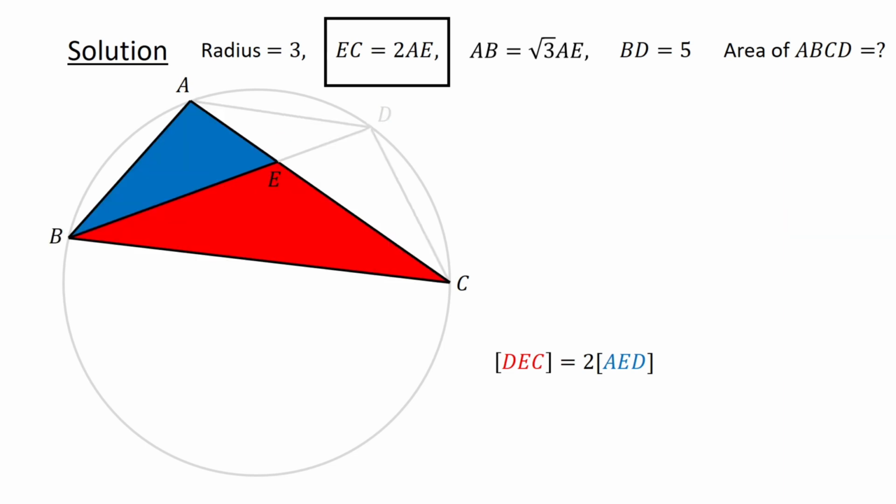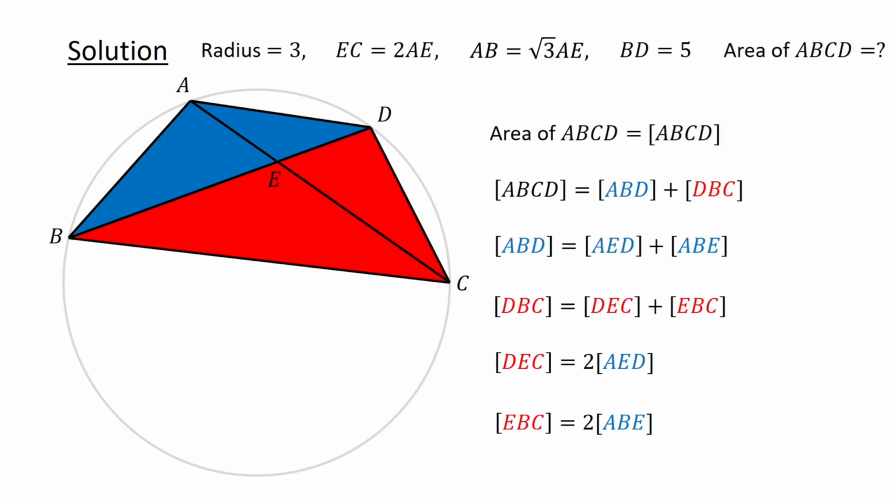Therefore, area of DEC equals 2 times area of AED. Similarly, for triangles ABE and EBC, they share the same height, and since EC equals 2AE, area of EBC equals 2 times area of ABE. Thus, area of DBC equals 2 times area of AED plus 2 times area of ABE.